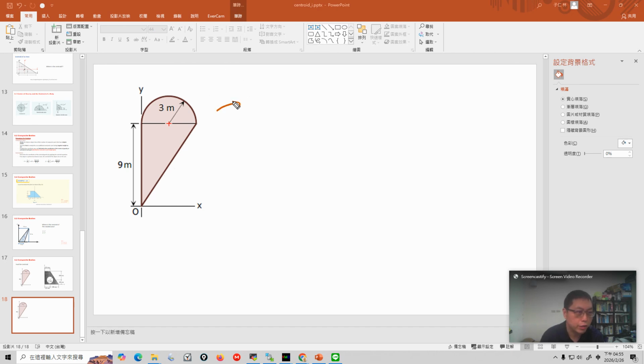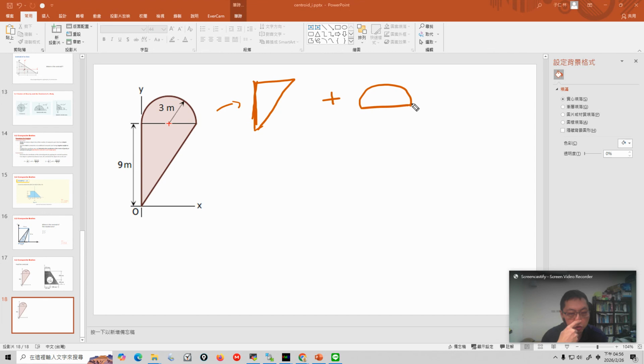Sorry, I don't have a ruler, so I cannot draw a very fancy picture on the pad. So this area is equal to a right triangle plus a semicircular area.